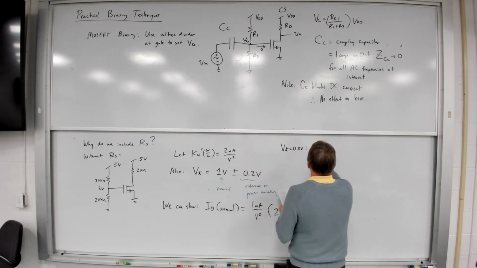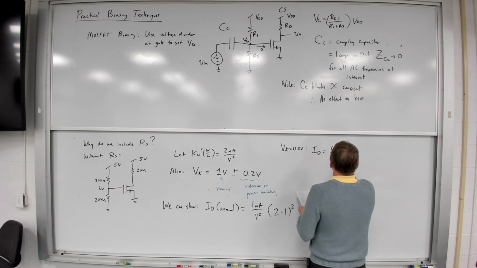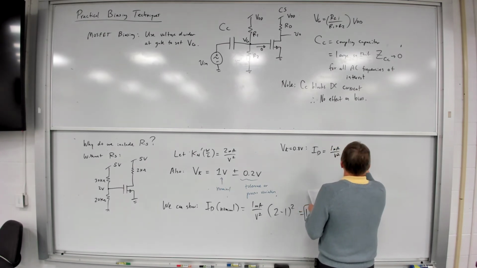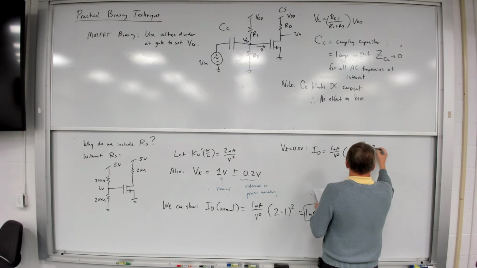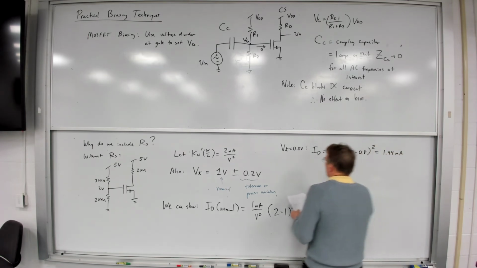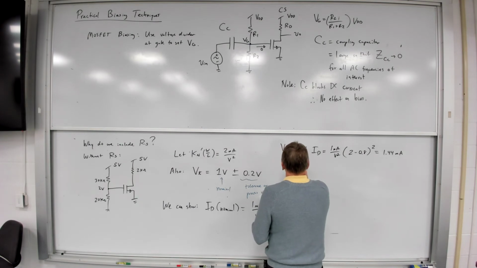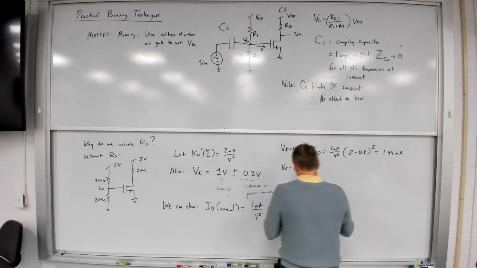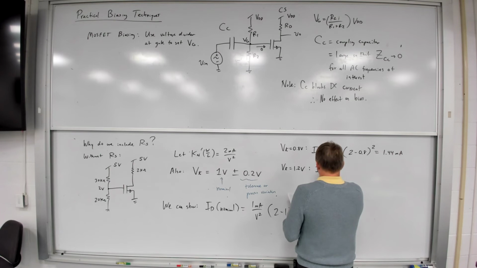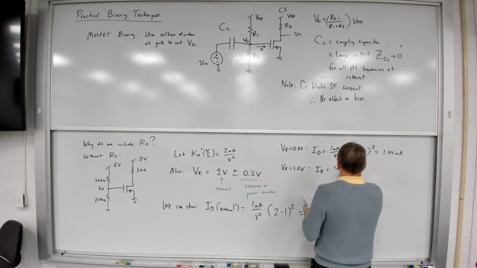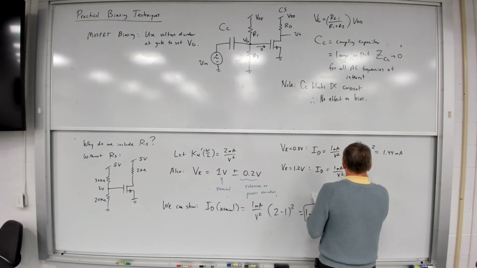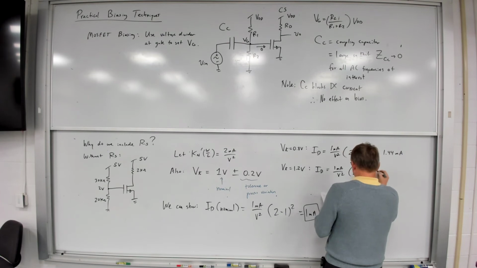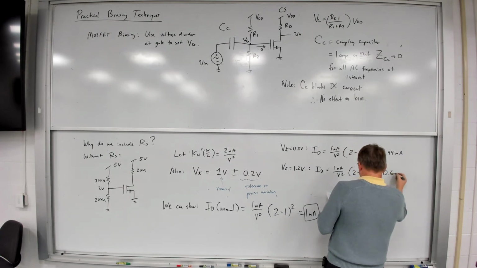What I will get is ID equal to 1 milliamp per volt squared times (2 minus 0.8) squared, which is 1.44 milliamps. And if VT is equal to 1.2 volts, then ID will be equal to 1 milliamp per volt squared times (2 minus 1.2) squared, which is 0.64 milliamps.